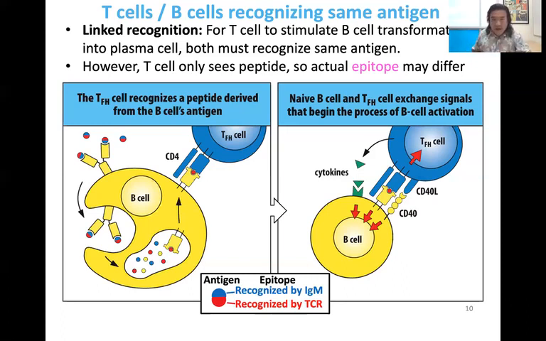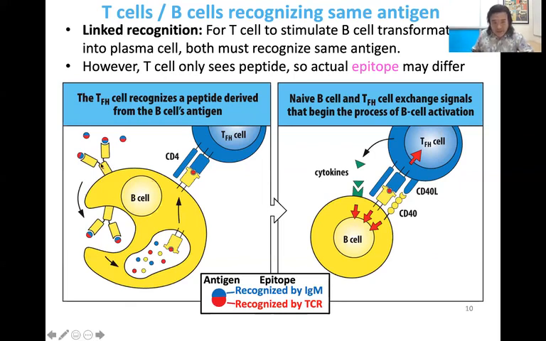So that means a B cell like this one here, its immunoglobulin might recognize the blue part of this dot, and let's say the blue part of the dot is a carbohydrate. But part of the antigen has a piece of protein on it also, because after all, it's like a chunk of a bacteria.